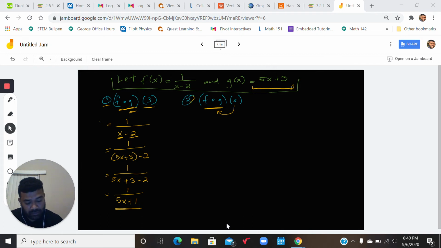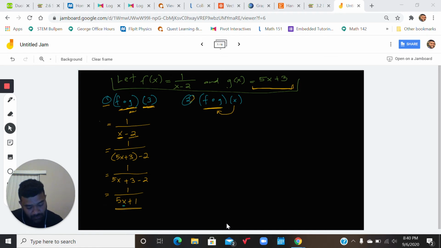Now what you need to do is answer the second part of the first question, which is you need to substitute the value of 3 into x. So you are replacing x with the number 3. Our combined function has only one x.